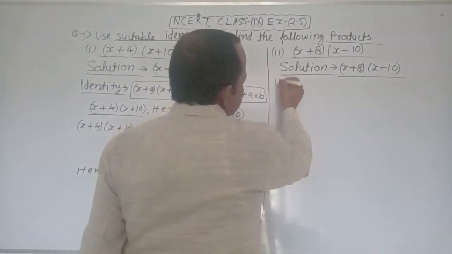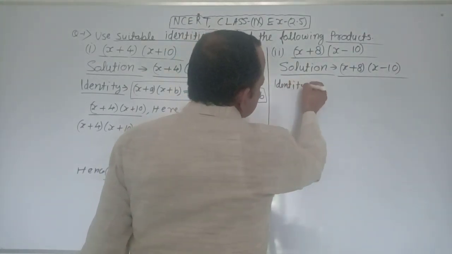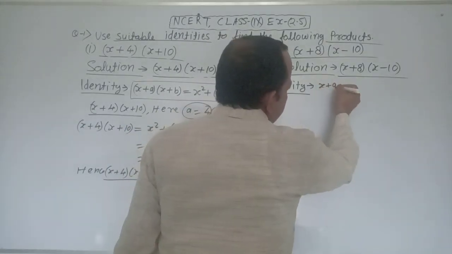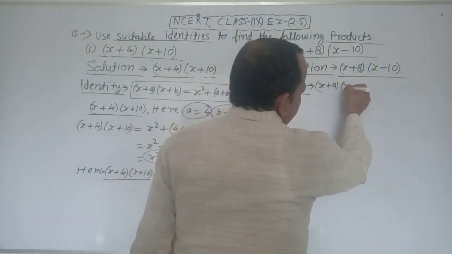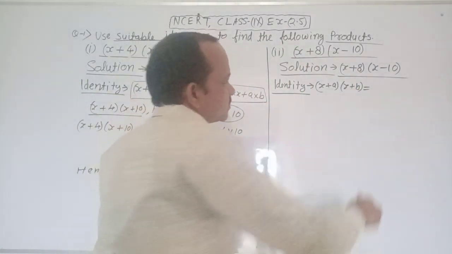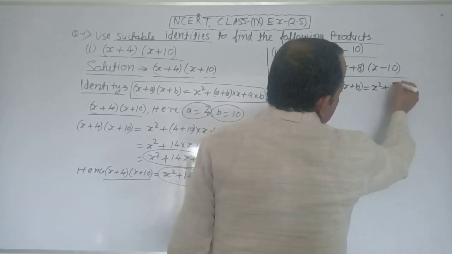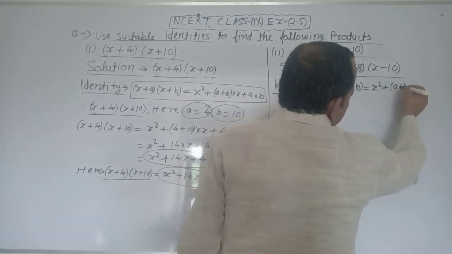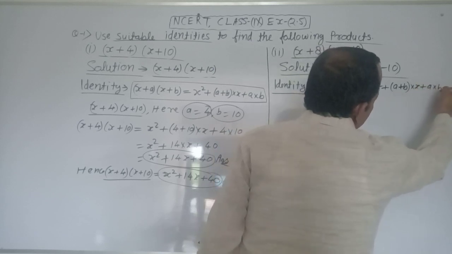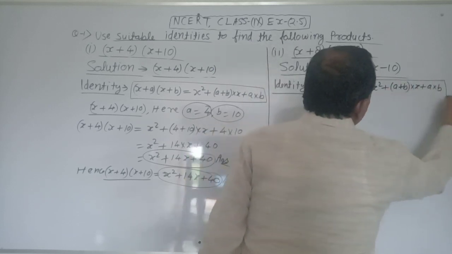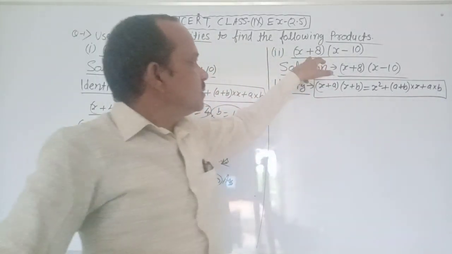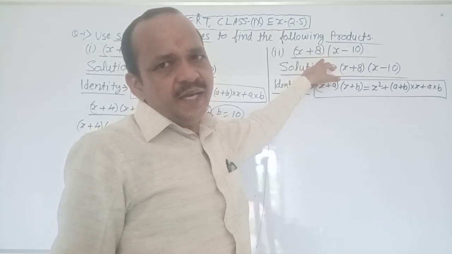Identity: (x + a) in the first brackets, (x + b) in the second brackets equals x² + (a + b)x + ab. It is the suitable identity for this question. Is it clear?